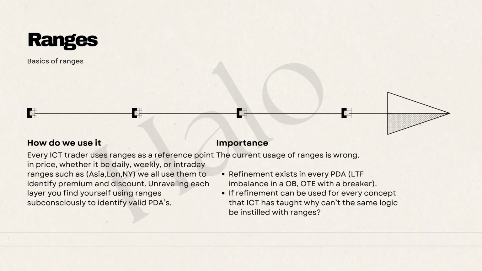Especially acknowledging the fact that the PDRA matrix in itself explains a range that delivers old high, old low, rejection, order block, continuation, liquidity void, all that stuff. That in itself is a range. So if we can find the best range possible, the highest probability range that price is going to reference, how do we do so?